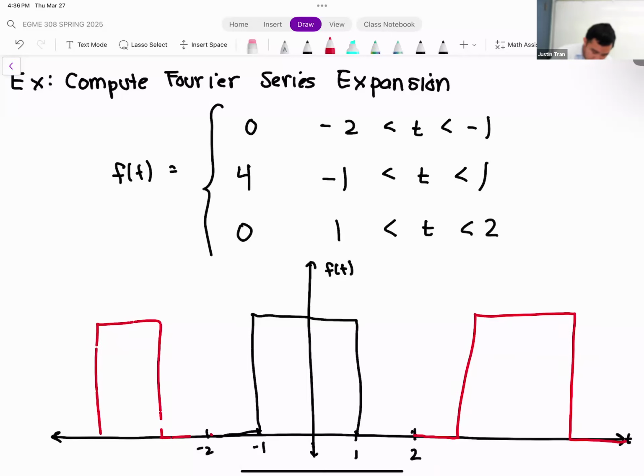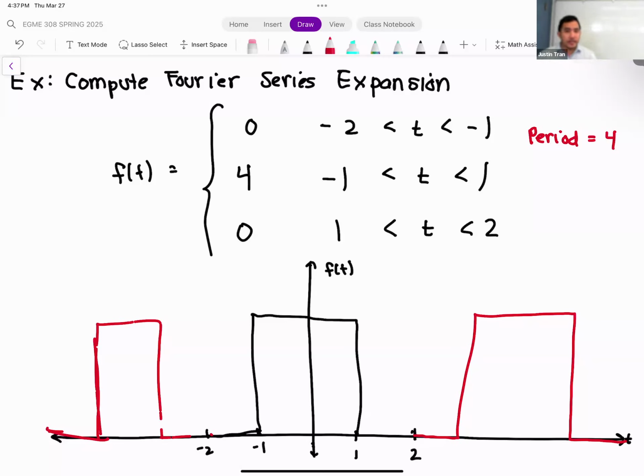But that's the idea. So we have at least one period of the function, and we can compute the Fourier series expansion from this. First thing we see here based on the function, the period of our function is 4.